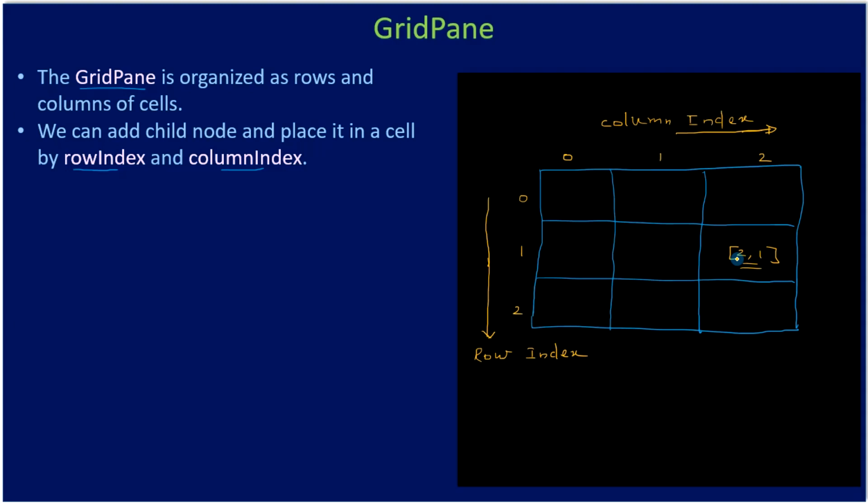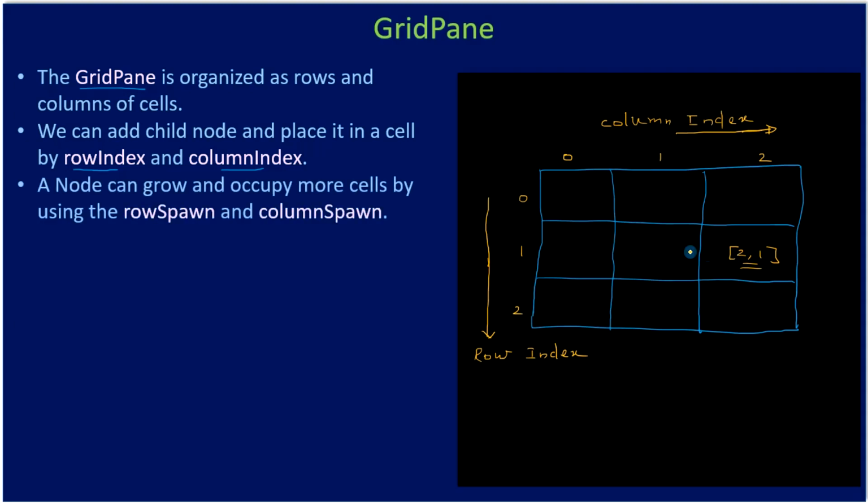Then you will also specify the span. A node can grow and occupy more cells by using the row span and column span.